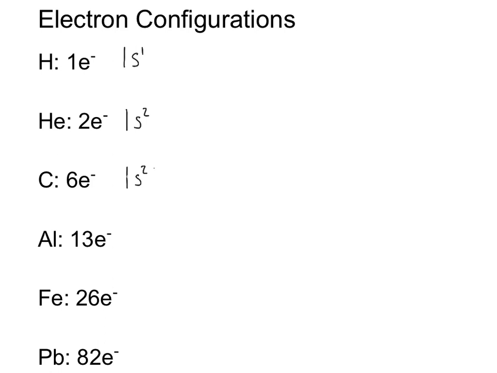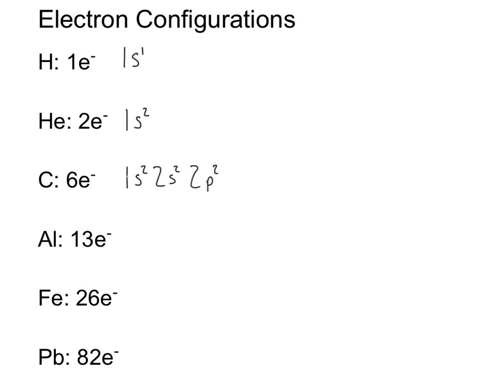So now I have to move to the second Bohr shell. The second Bohr shell also has an s sublevel, which holds a maximum of 2 electrons. And so now I have to move to the 2p sublevel. Carbon has 6 electrons total, so I only need to put 2 more electrons in there. And so carbon's electron configuration is 1s2, 2s2, 2p2.